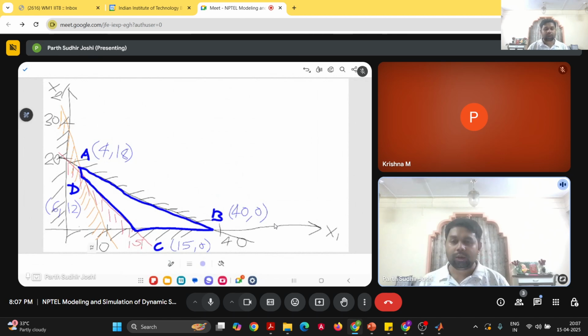So for the objective function value for each vertex, let us now make a small table.